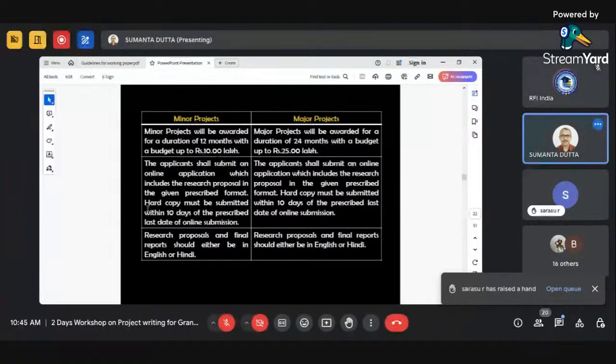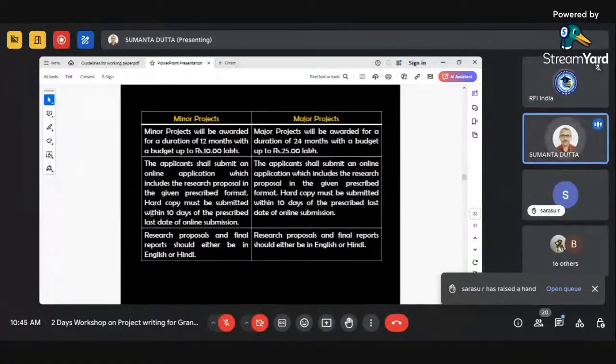Now, the second point. What is being stated is that an applicant of a minor project has to give the research proposal online with a proper format, and a hard copy must be submitted within 10 days. In case of a major project also, the applicant must incorporate the research project details within 10 days from the date of online submission.